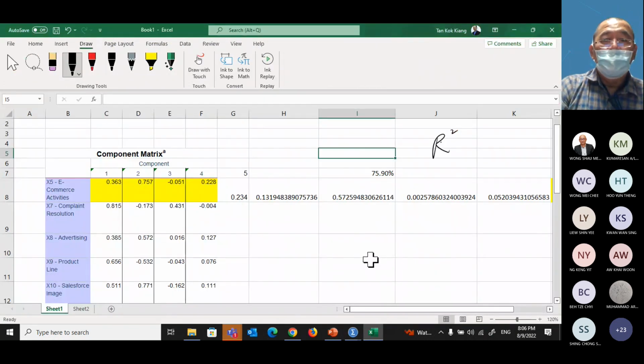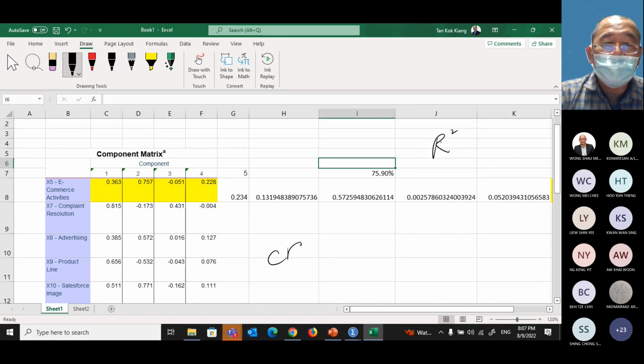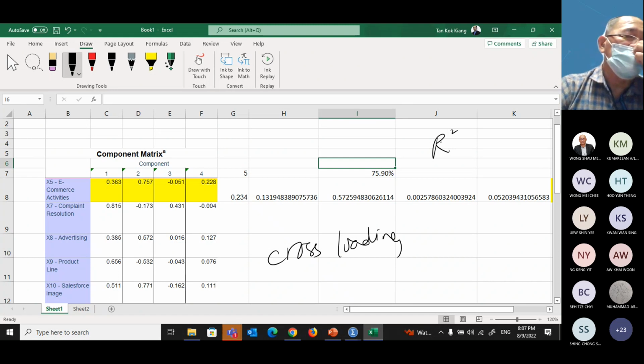So in statistics, we call this cross-loading. Of course, in normal language, you say overlapping. It means you don't know which factor the variable should belong to. When we are not sure, then we just put it into two factors.